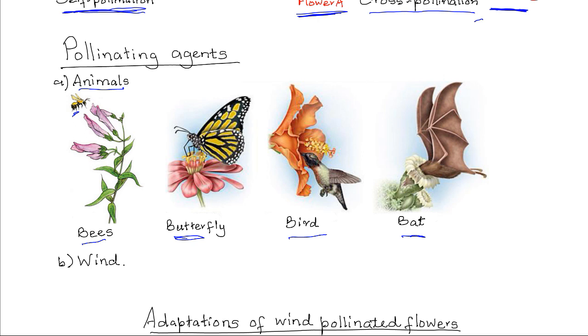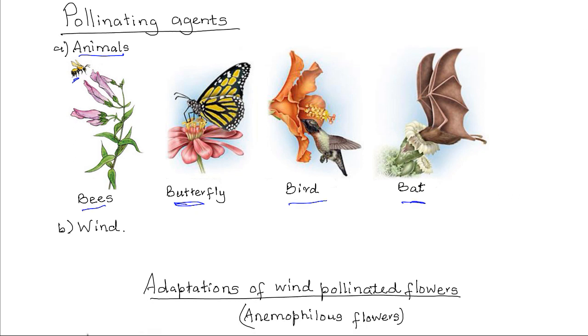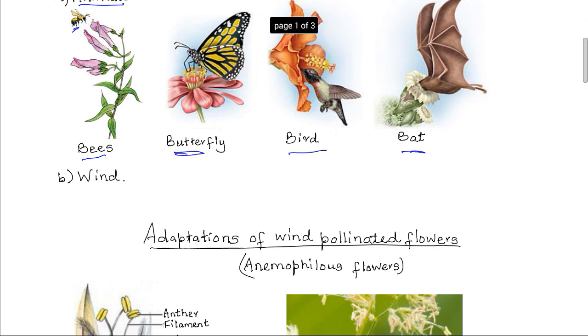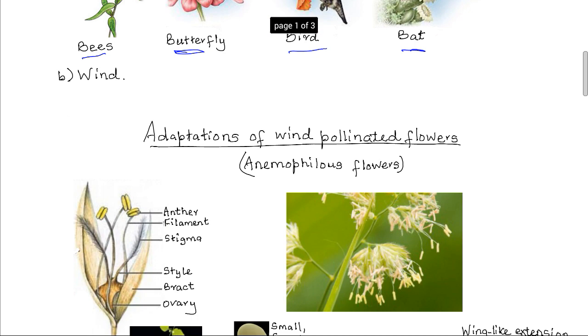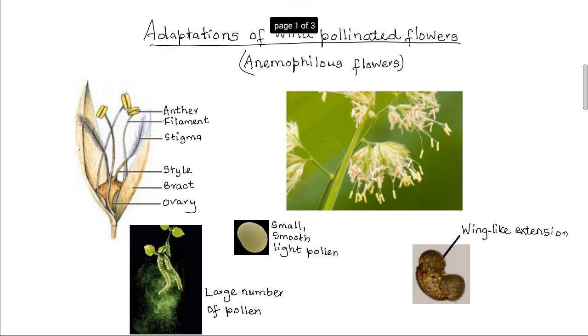So there are two categories of flowers based on the agent that transfers the pollen grains. These are the wind-pollinated flowers, also known as anemophilous flowers, and the insect-pollinated flowers. So we'll start by looking at the general characteristics of anemophilous flowers in different plants.